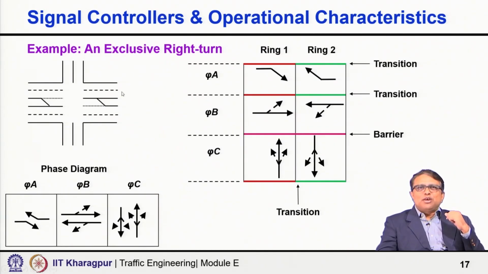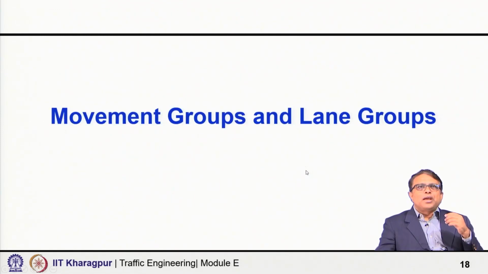Here is another example of a 3 phase operation, phase A, phase B, phase C. In phase A you use both protected right turns, then east west straight and permitted left, and then north south straight, left and right turning are permitted. Obviously, the corresponding ring diagrams are shown here.